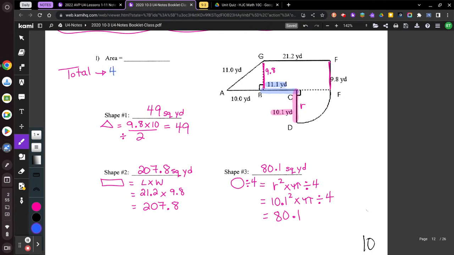So I'm going to get 49 plus 207.8 plus 80.1. And that's going to give us a grand total of 336.9, and that's squared yards. So don't forget to put your units. This concludes lesson 2A.